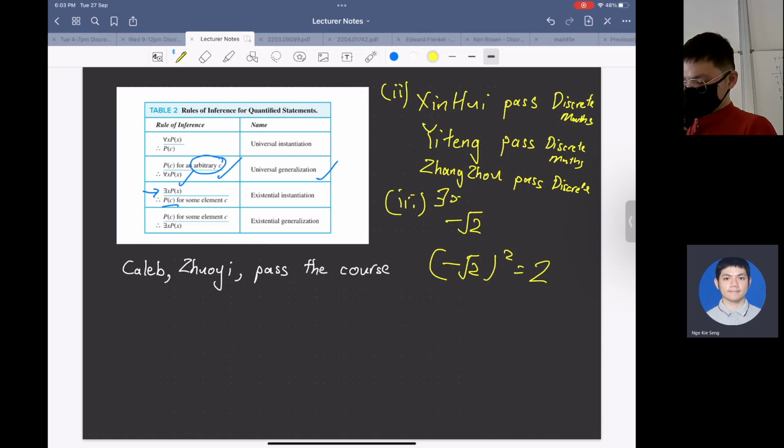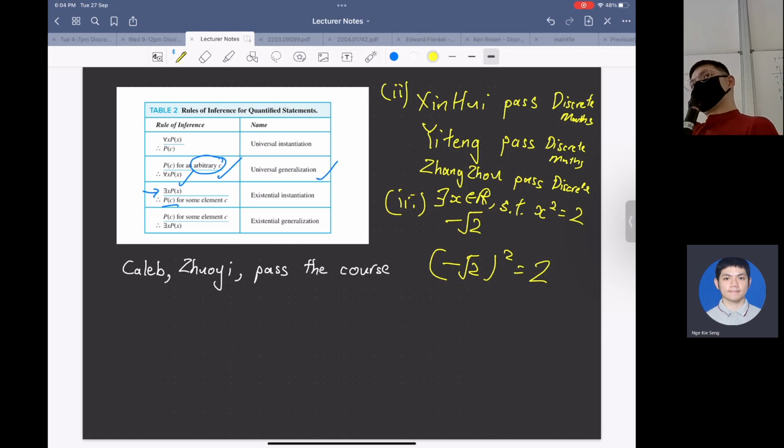If this is true, then we can find some x such that x squared is 2, for which minus square root 2 is an example.